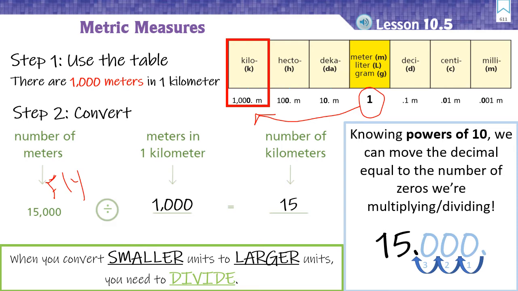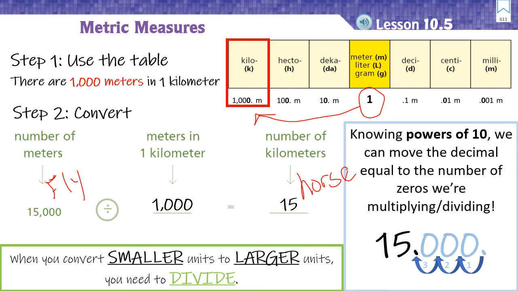We're going to divide by the number of little meters in 1 kilometer, which is 1,000. And we're going to end up with our horse, which is kilometers. So fly to horse, you divide, of course, and we're dividing by 1,000. 15,000 divided by 1,000 is 15.